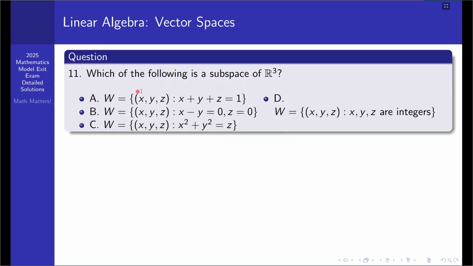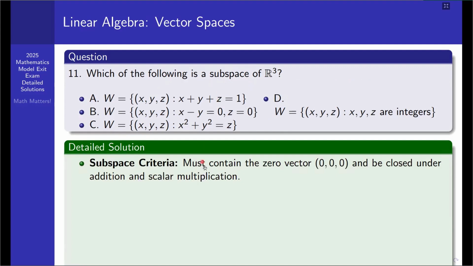Question number 11. Which of the following is a subspace of R cubed? In order to answer this one, we have to first see the criteria for a subspace of a certain vector space, that is R cubed. The criteria is that it must contain the zero vector, and be closed under addition and scalar multiplication.